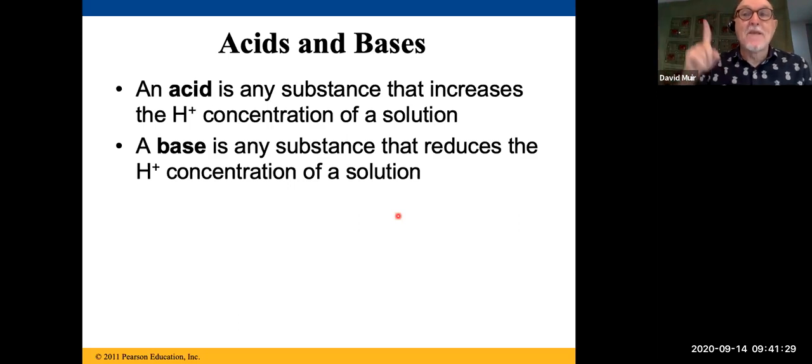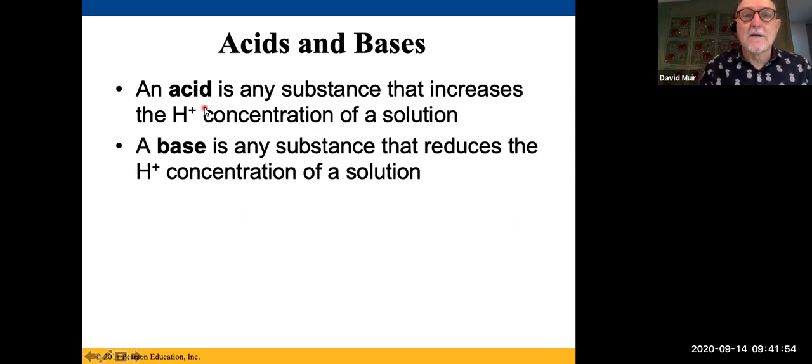Just remember, if I add H plus, if I add a hydrogen ion to water, I decrease the pH, I increase the acidity. I know it's difficult to get that clear, but if you increase the acidity, you're decreasing the pH. If you increase the alkalinity, you're increasing the pH.